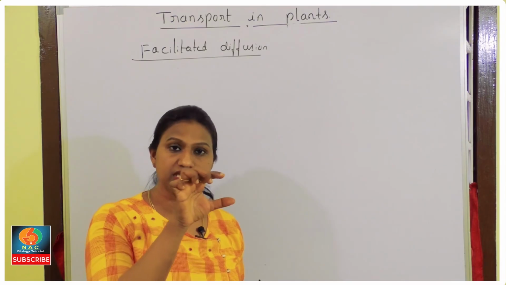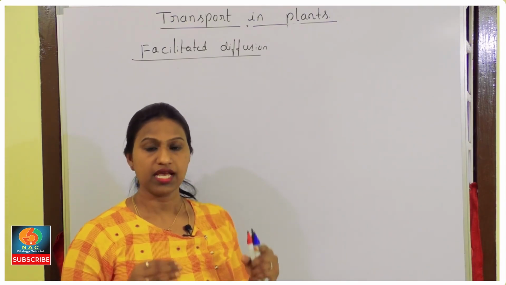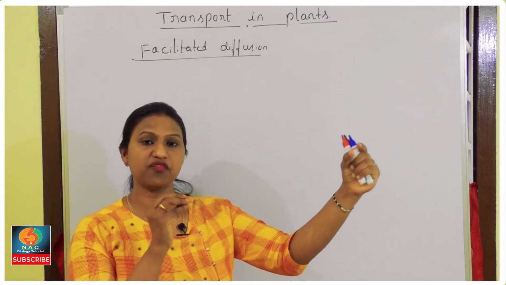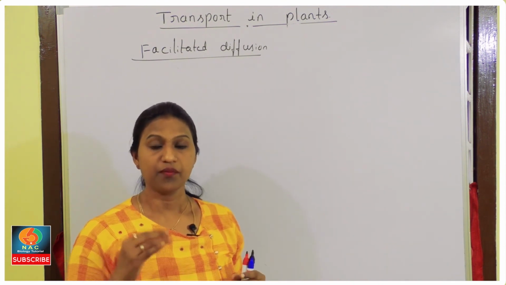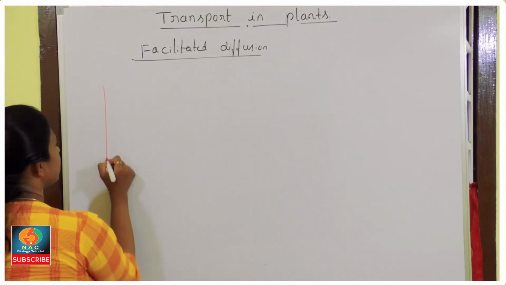Now, within the channel proteins, within the facilitated proteins, we can see three types of proteins, based on their movement. Let me make you understand with a very simple example.